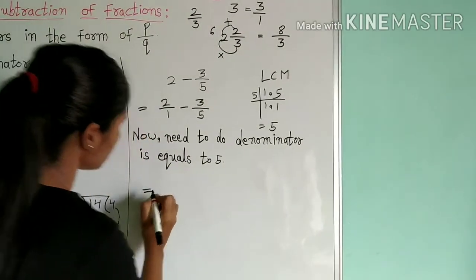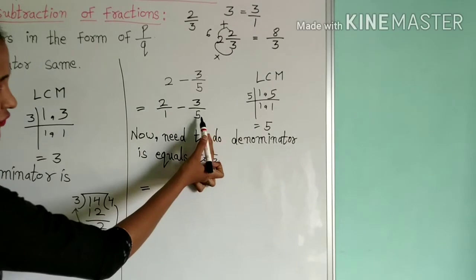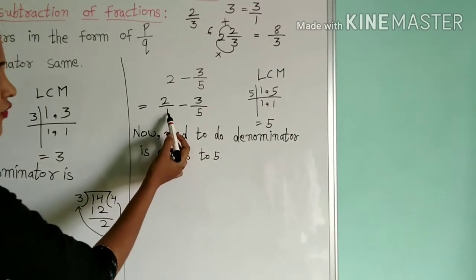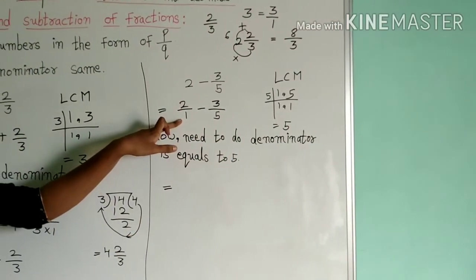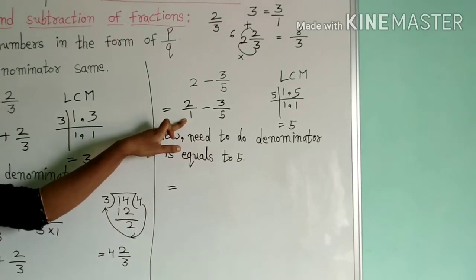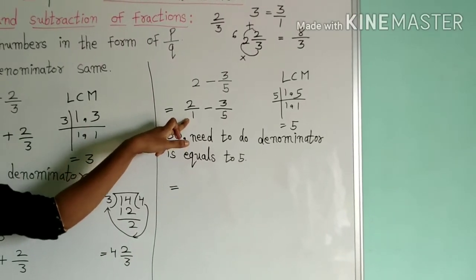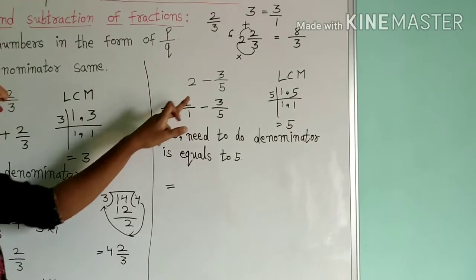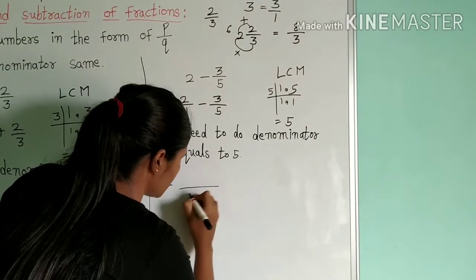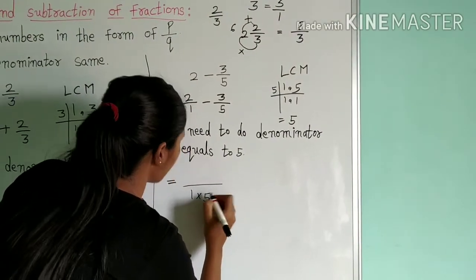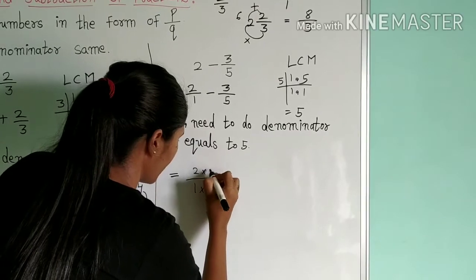Here the denominator is already 5, and here 1 is given. So we will make this denominator equal to 5. So we will multiply the numerator and denominator by 5. So 1 multiplied by 5 and 2 multiplied by 5.